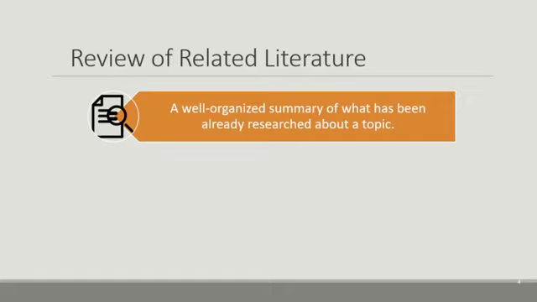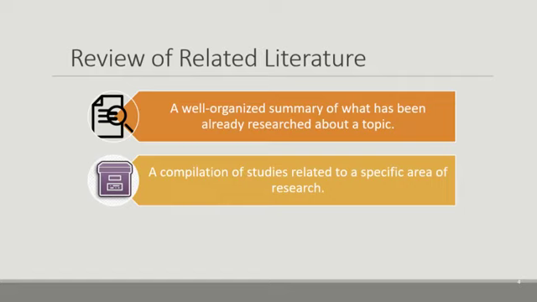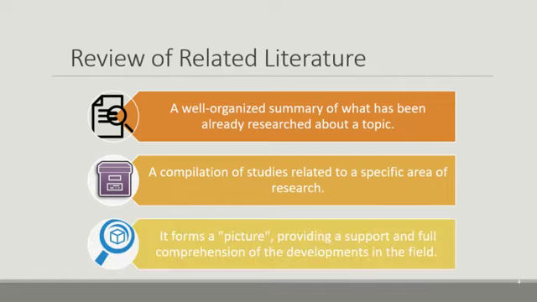A review of related literature is a well-organized summary of what has already been researched about a certain topic. So it is a compilation of studies related to a specific area of research. It also evaluates, classifies, and summarizes all the relevant previous studies conducted on a specific topic. That is why it forms a picture, providing support and full comprehension of the developments in the field.